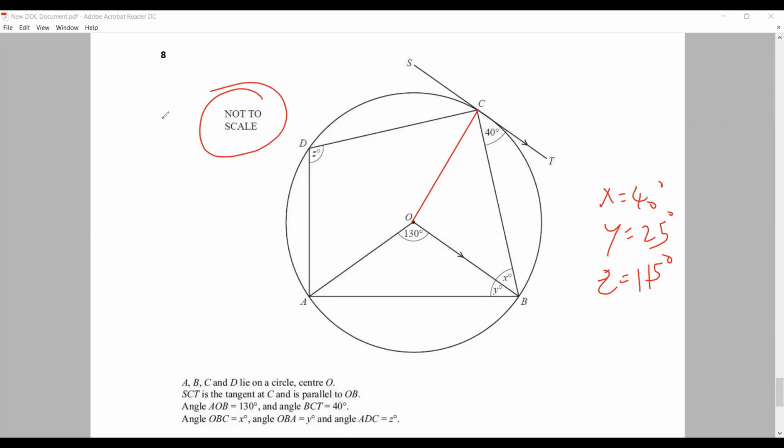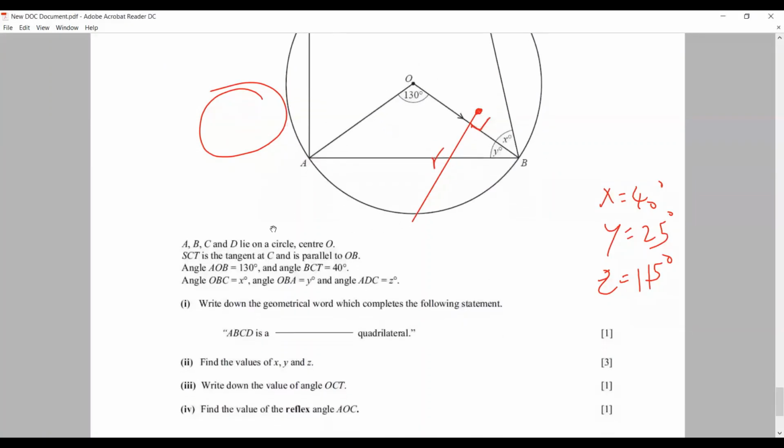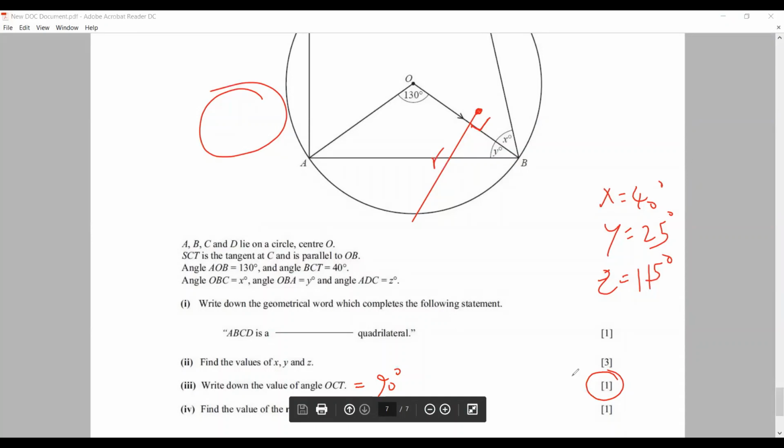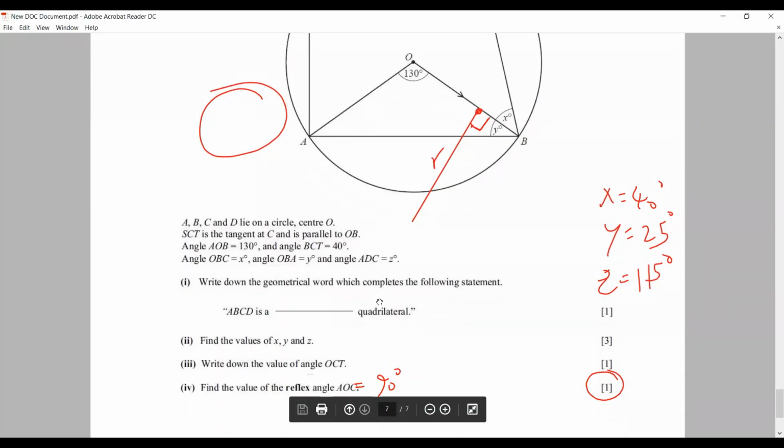If you remember when I explained to you the properties of the tangent, I said the tangent at the point of contact always makes a 90-degree angle with the radius, right? So this is 90 degrees. So without even thinking, you should know that this is 90 degrees. It only carries 1 mark. It shouldn't be that hard.